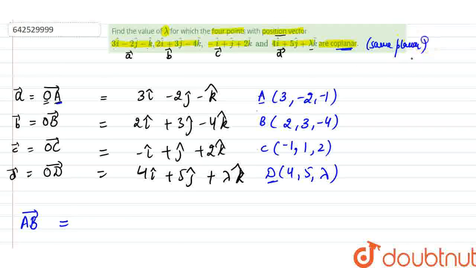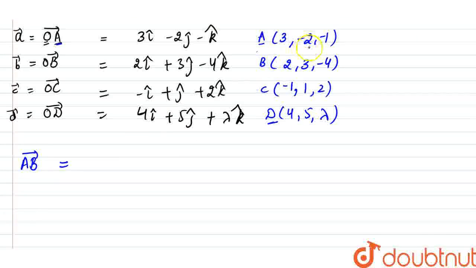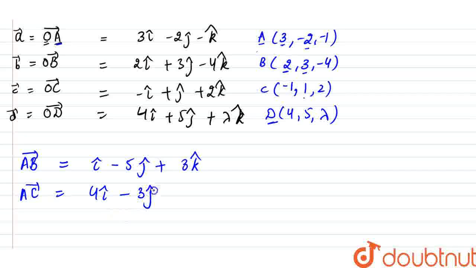So AB vector, we will find out 3 minus x coordinate of B. So this is 3 minus 2, that is 1 i cap. This is -2 minus 3, that is -5 j cap, -1 minus -4, that is plus 3 k cap. Now AC vector. AC vector will be 3 minus -1, so this is 4 i cap. This will be -2 minus 1, that is minus 3 j cap.